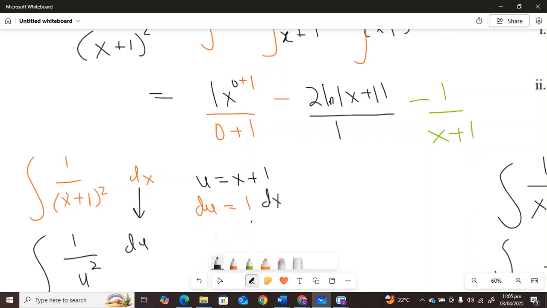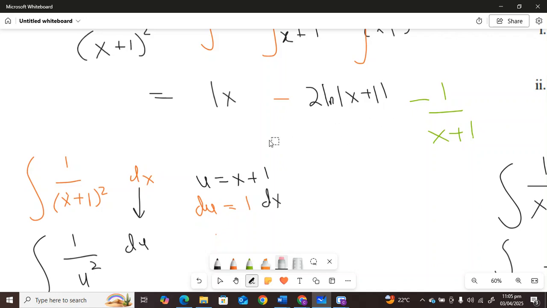So this becomes 1x here. This 0 plus 1, that is 1, so we have an x there, 1x. 0 plus 1 in the denominator becomes 1, so 1x over 1, you remain with 1x. Even here, 2 natural log x plus 1, this denominator goes.